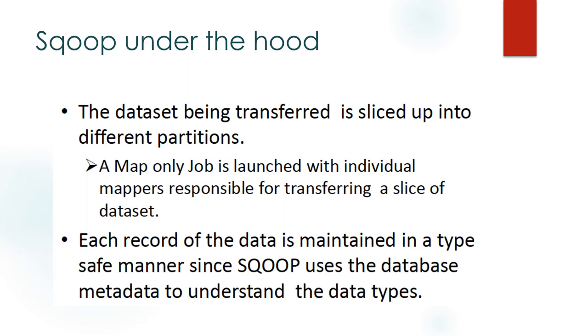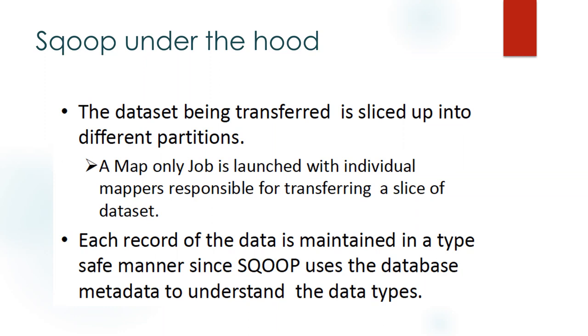By default, Scoop is going to expect your RDBMS table to have a primary key. So there is this concept of primary key, right? By default, Scoop expects a primary key in your source table.